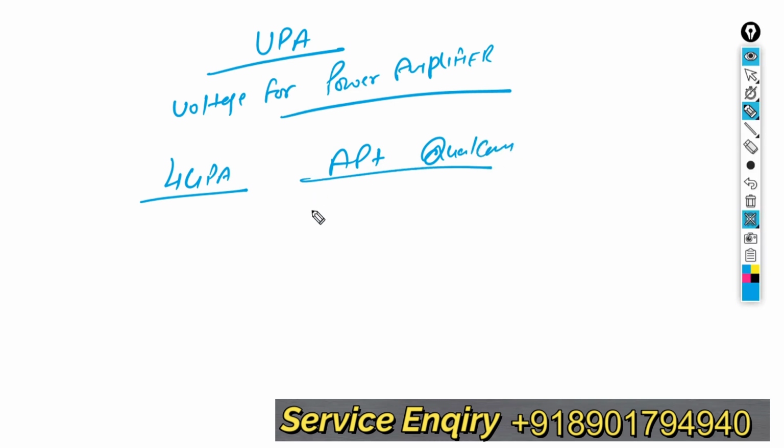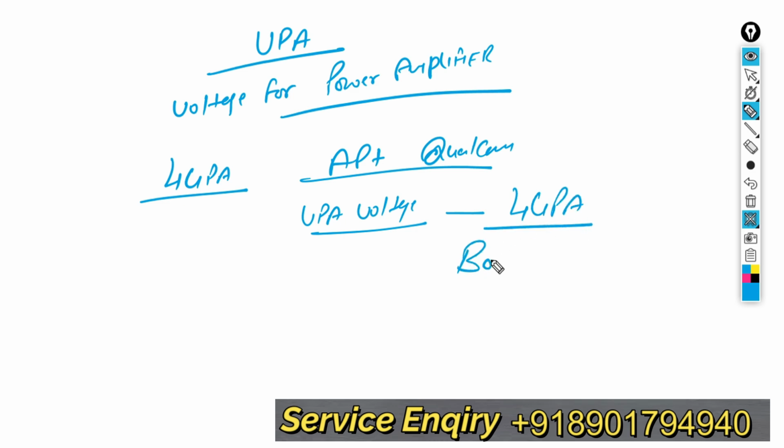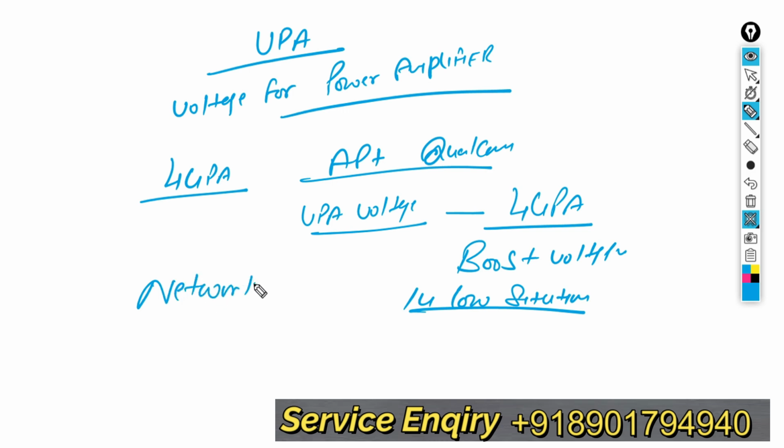A similar voltage, this VPA voltage, goes to the 4G PA for giving the boost voltage in any low situation. I will explain this line clearly when we go to the network section. I will clear all your doubts about this line.